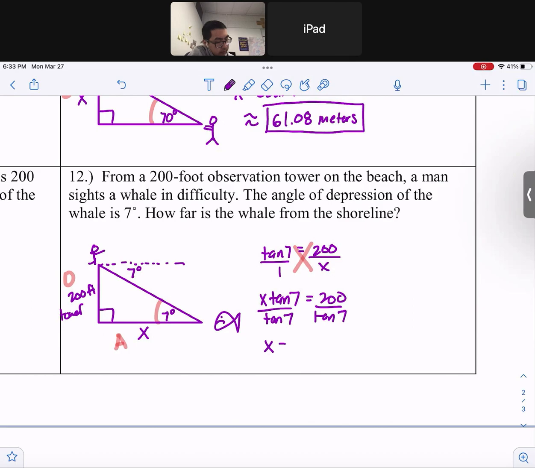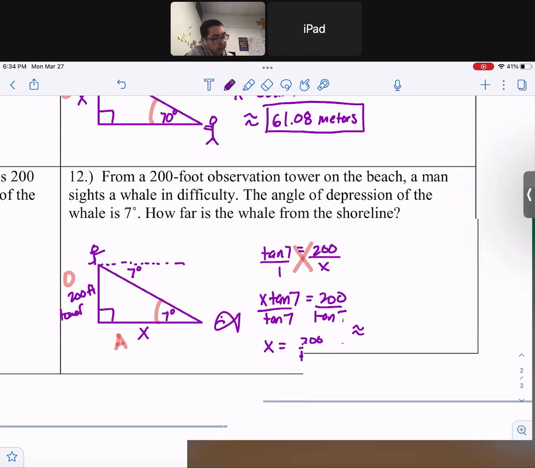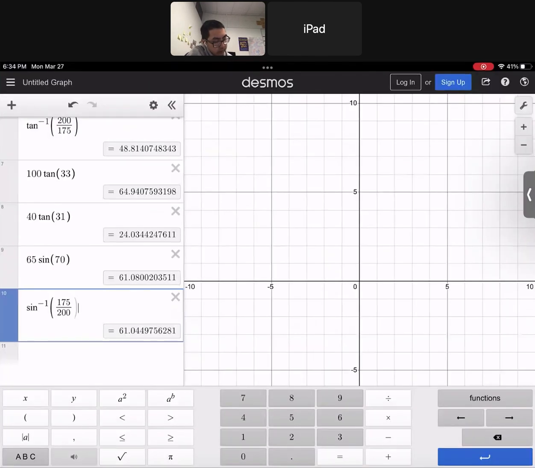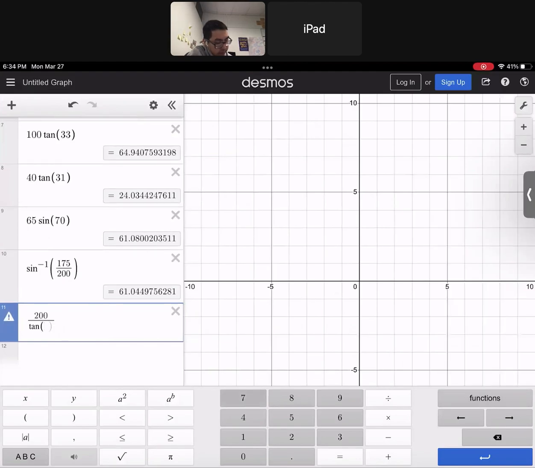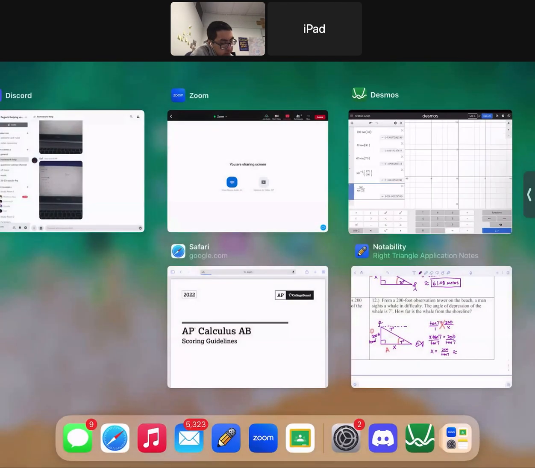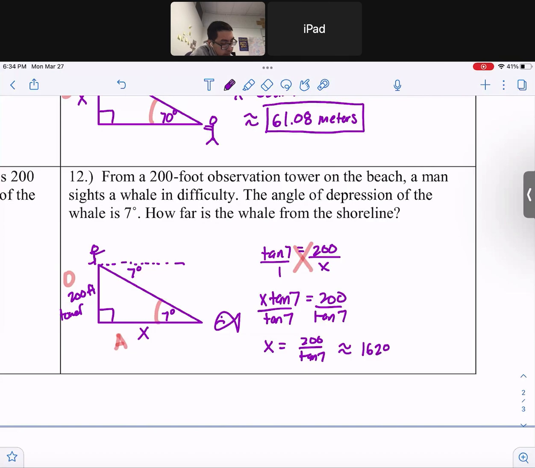X equals 200 over tan 7, which in your calculator is 200 divided by tangent of 7 degrees. 1628.87 feet. That's how far the whale is from the shoreline.